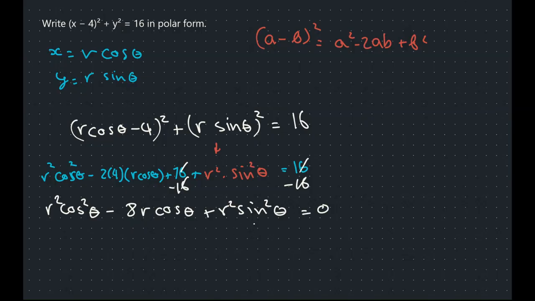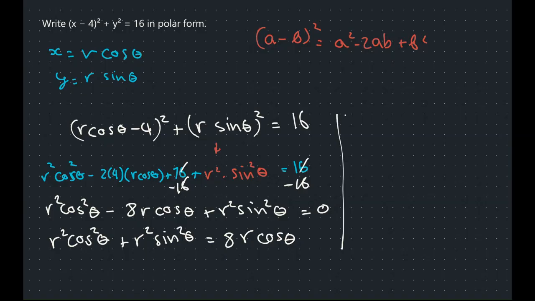So to isolate the sine squared and the cosine squared, what I will do is I will move this 8r cosine to the other side. So I will get this equation, we'll get r squared cosine squared theta plus r squared sine squared theta is equal to 8r cosine theta. All right, and from this I will continue here. The thing is I'm going to factor out the r squared.